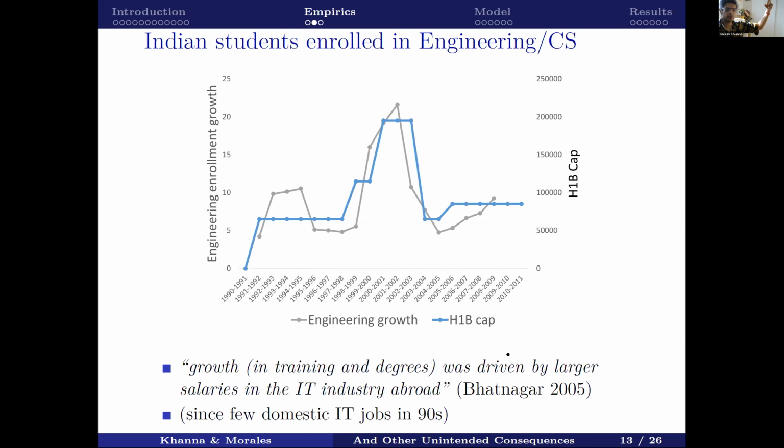So this prospect of migrating to the US and winning this H-1B visa and changing their lives in many different ways is what really drove a lot of students to enroll in engineering programs, right? At that time in the 1990s, like I showed you, there were really not any jobs in computer science occupations in India. So why were they getting computer science degrees? One of the big reasons really was to go abroad to the US.